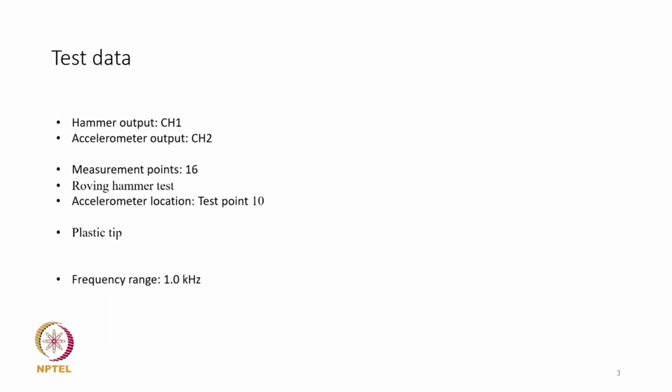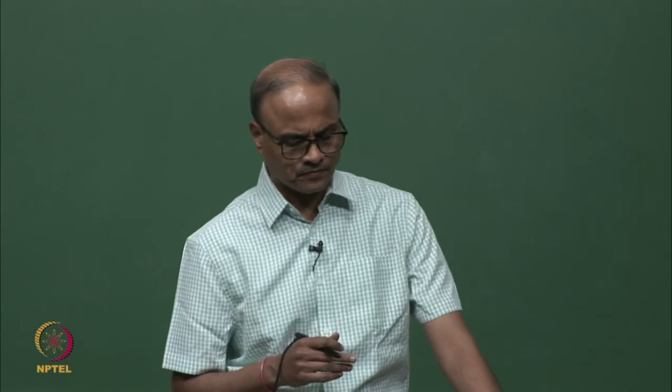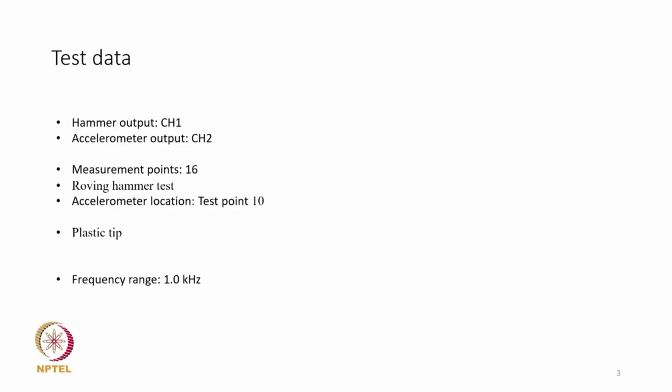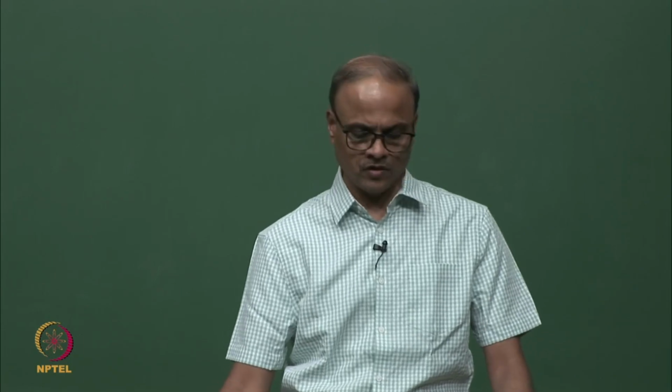We are going to perform a roving hammer test, which means that the accelerometer, or the response transducer, will be fixed at a particular location, and the hammer would be moved from one test point to the next for application of impact when we measure the FRF corresponding to those points. The accelerometer location has been fixed at test point 10. And then we are going to use a plastic tip. We want to do modal testing of the beam over a range of 1 kHz.